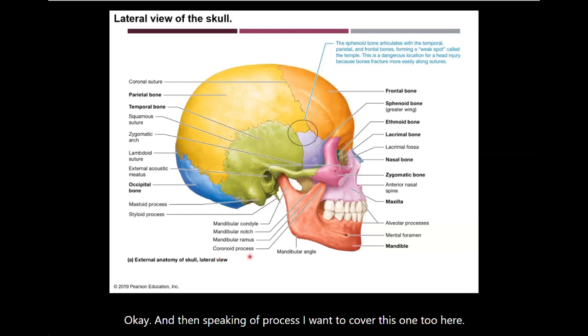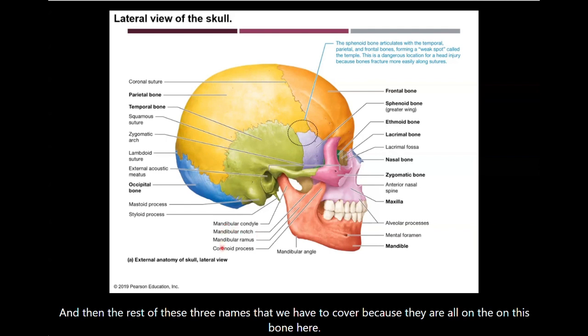And then speaking of process, I want to cover this one too. Remember, process means it's the part that is outgrown, sticking out, right? This part is going to be the coronoid process. What do we call this? Coronoid process, okay? And then the rest of these three names that we have to cover are all on this bone here.